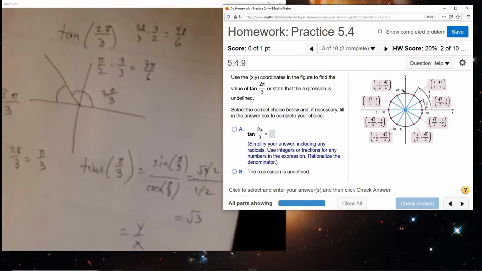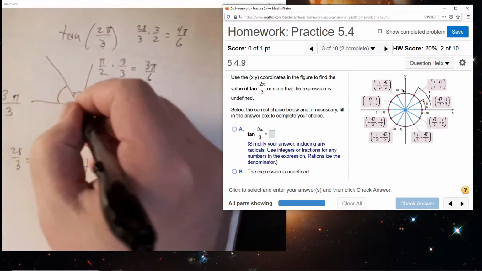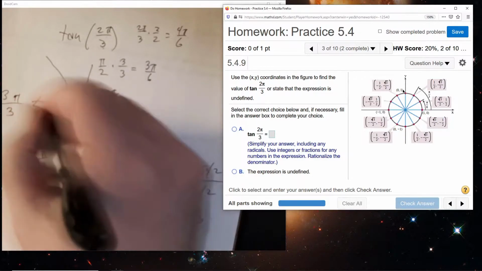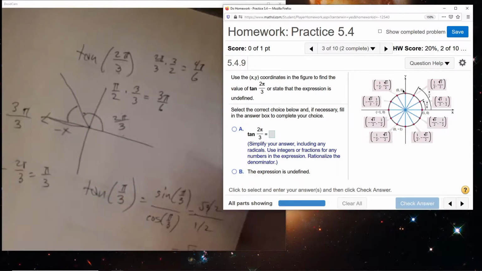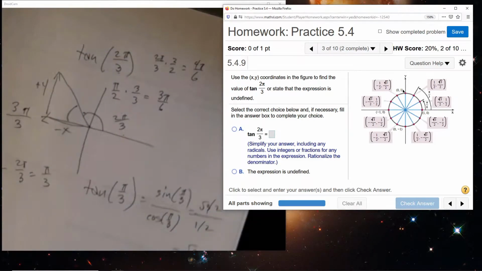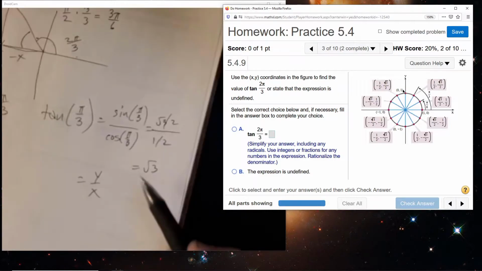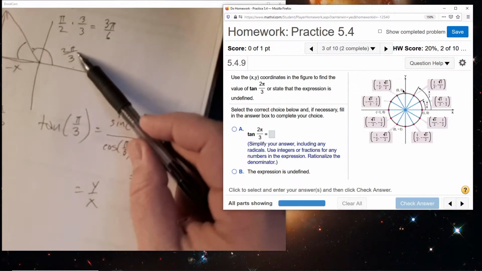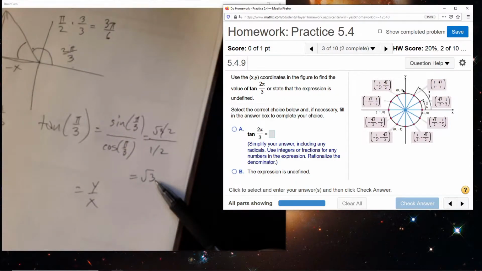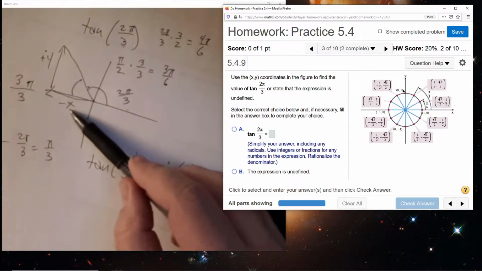So if we go back and we look at our angle in quadrant 2, we can see it has a negative x position and a positive y position. And a positive and negative means our final answer for tangent of 2 pi over 3 will then be negative square root of 3, since we have a negative component right here.